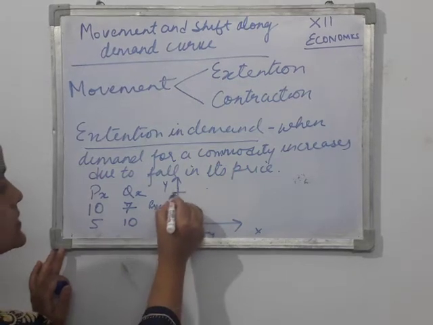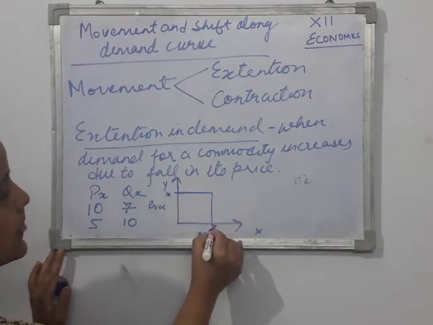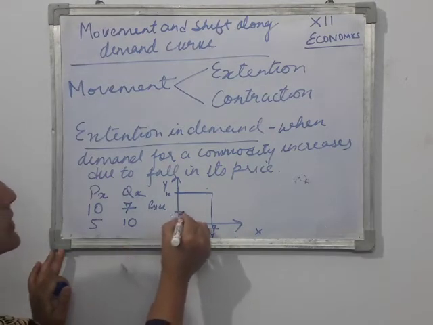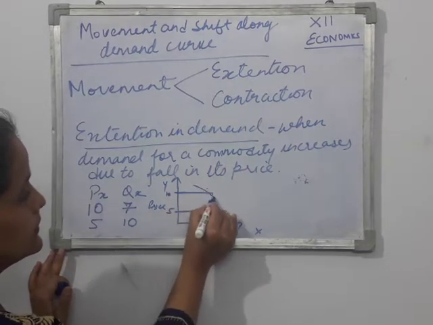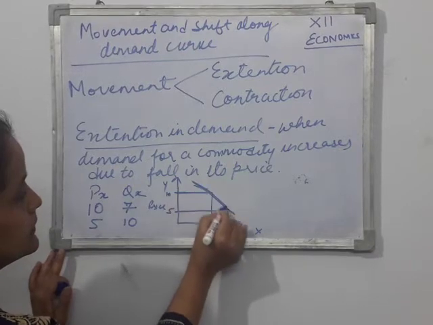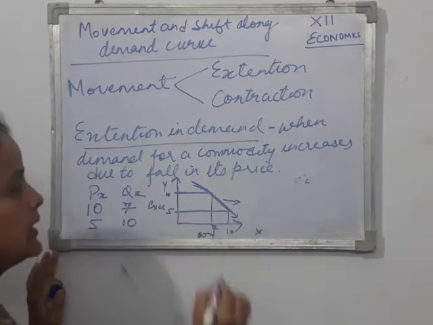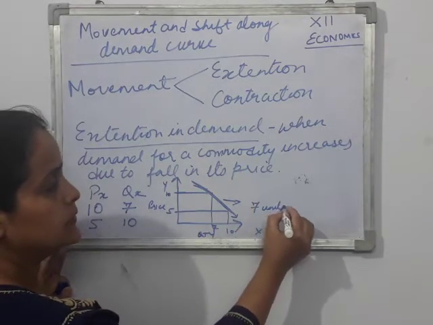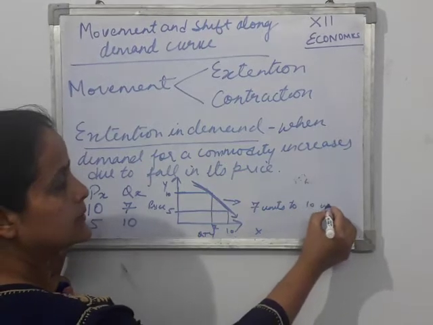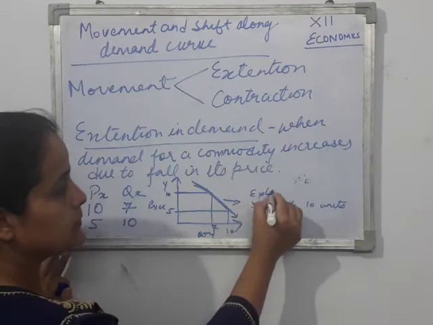So when the price was 10, you were asking for 7 units, and when the price was 5, you were asking for 10 units. So this is your increase in demand. Your demand increased from 7 units to 10 units, right? So this is known as extension.